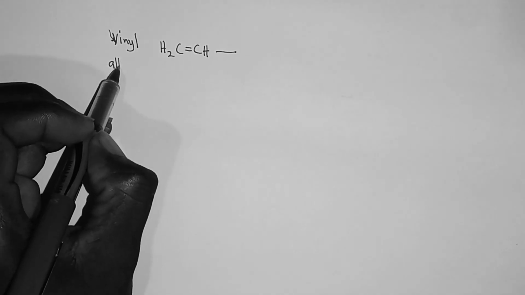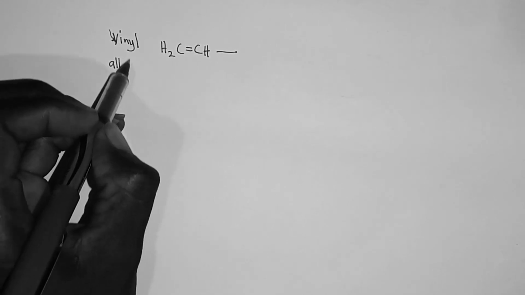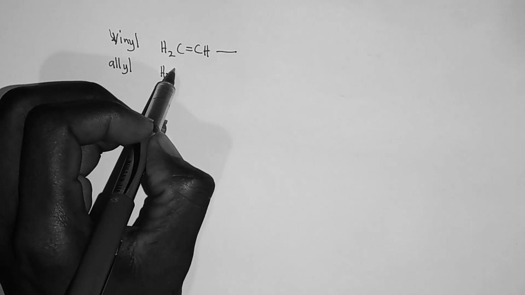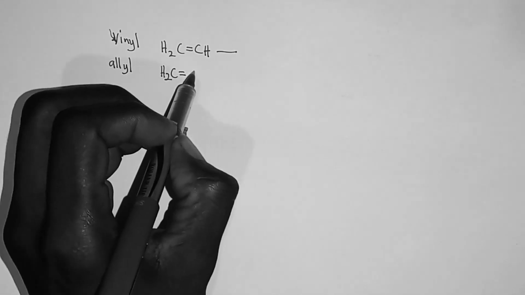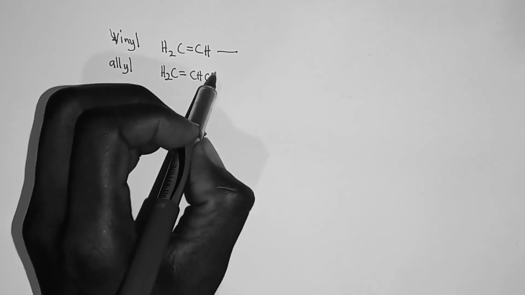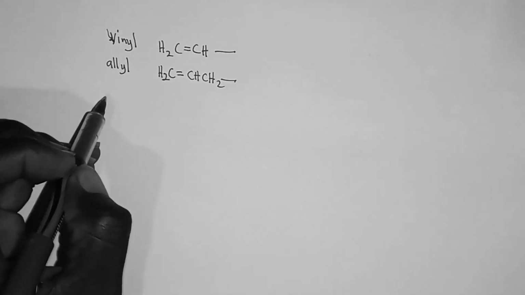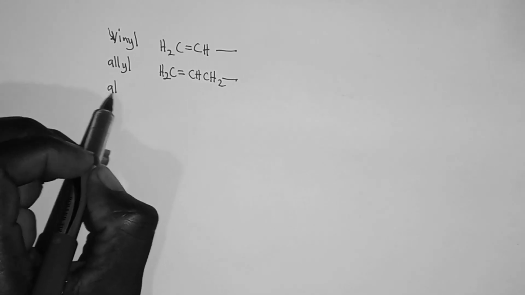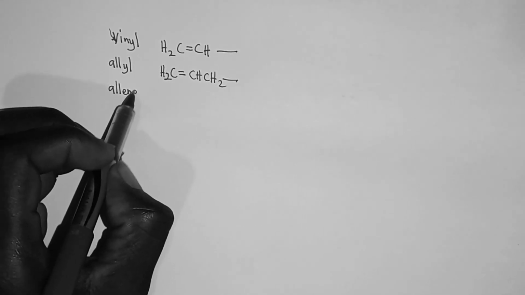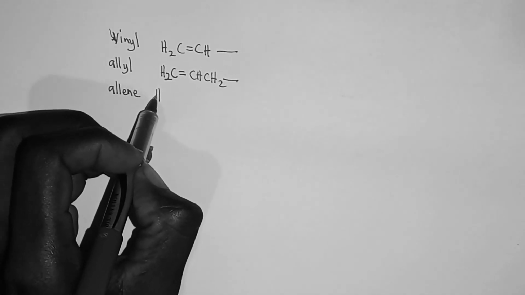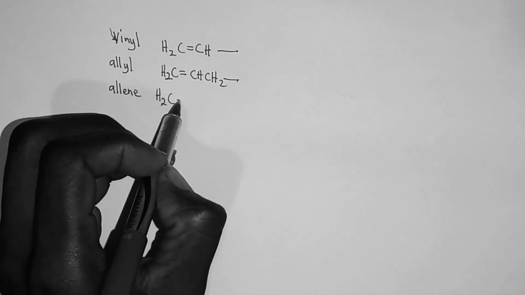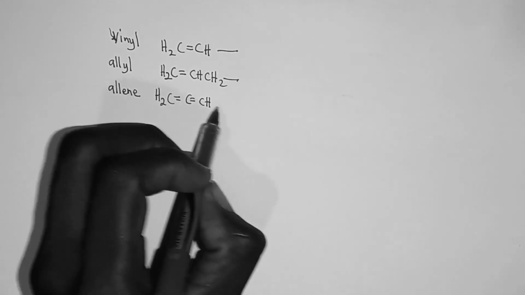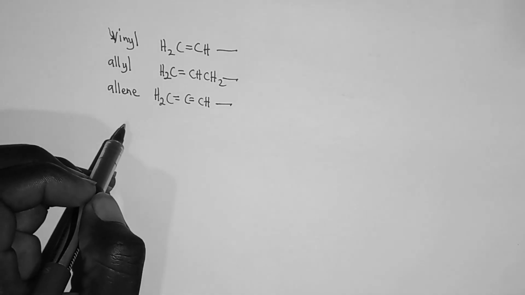The second one is the allyl, and the allyl is H2C double bond CH, and then CH2, which is joined to an organic molecule. The third one is the allene. The allene is H2C double bond C double bond CH, which is linked to an organic molecule.